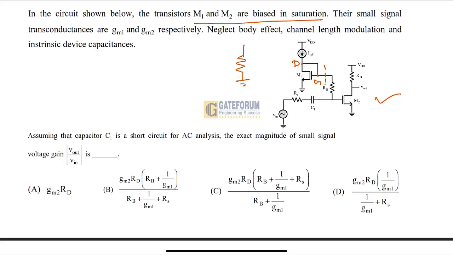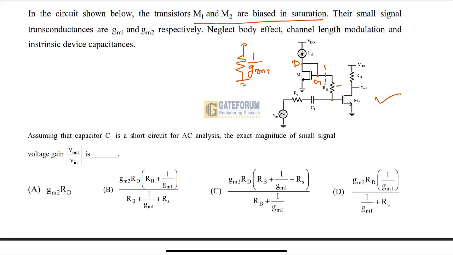This is showing the transconductance gm1, so this can be written as 1 by gm1. The equivalent of this transistor is 1 by gm1, which is connected in series with this RB, and this combination is connected to the gate terminal of this M2 transistor.